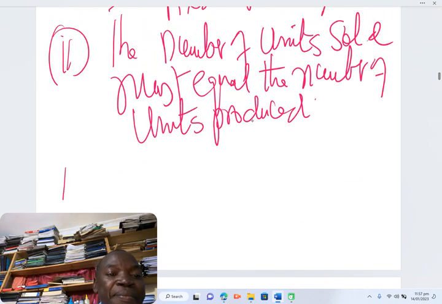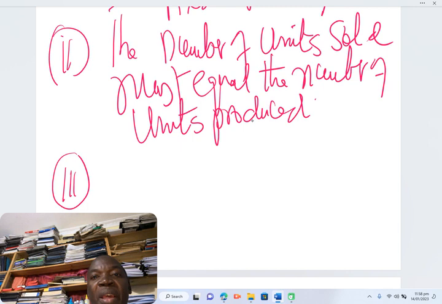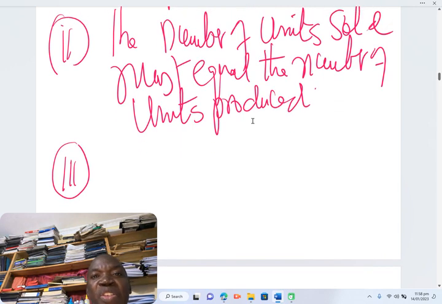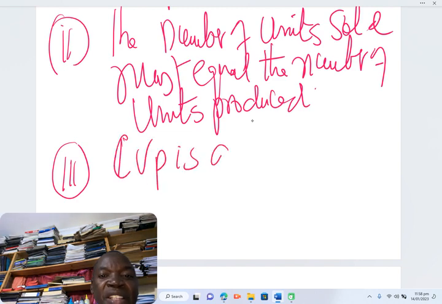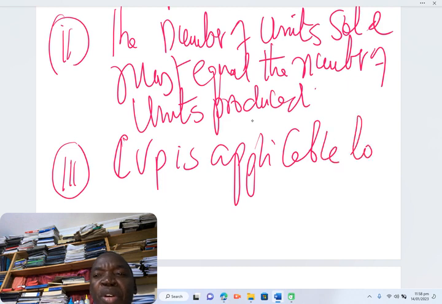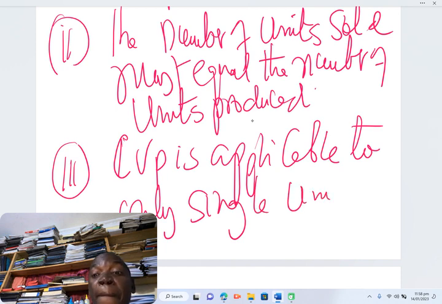Number 3, CVP assumes that CVP is applicable to only single units.